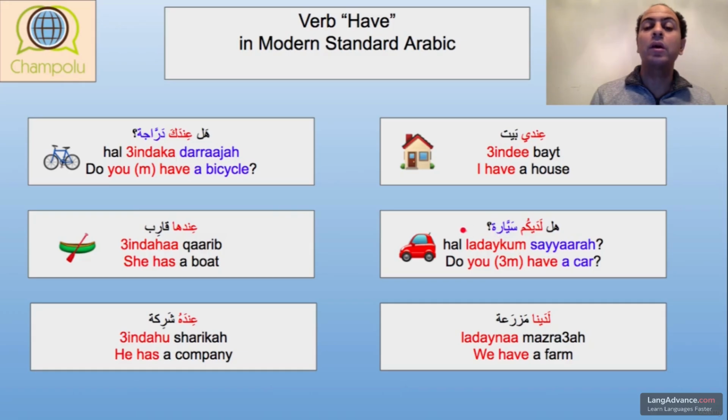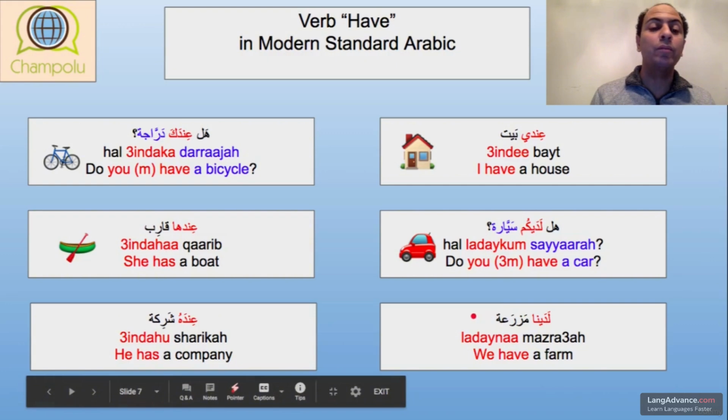Addressing a group of males or mixed. عندها قارب, she has a boat. لدينا مزرعة, we have a farm. عنده شركة, he has a company.